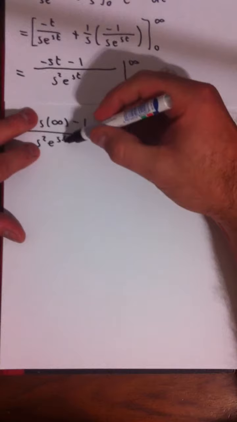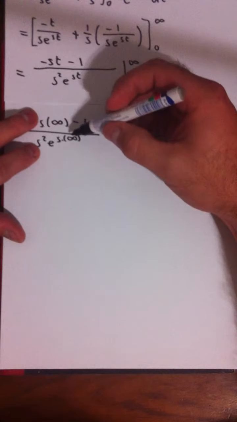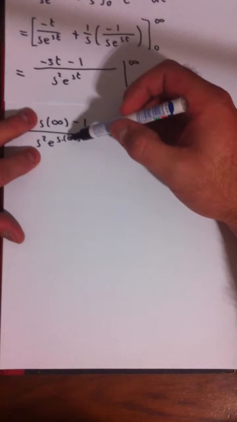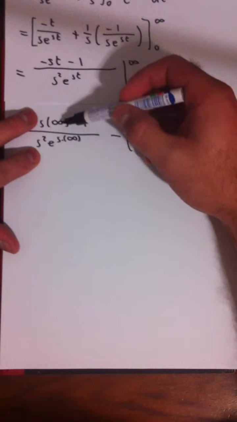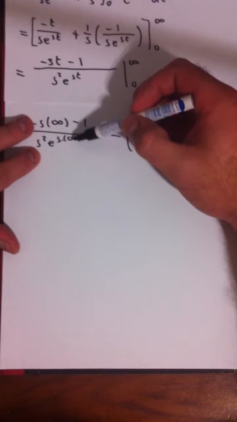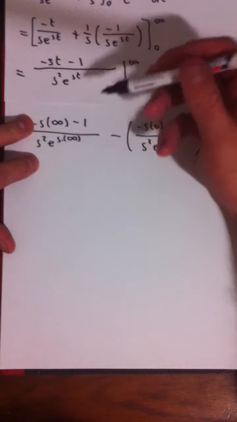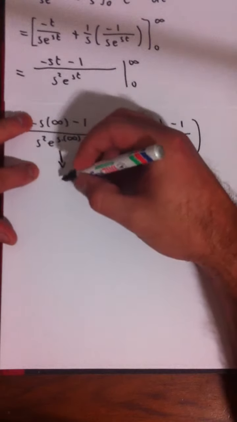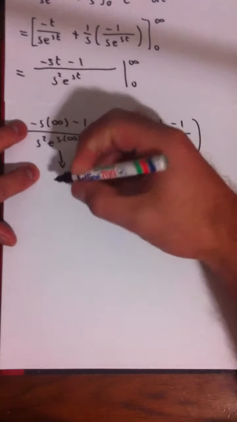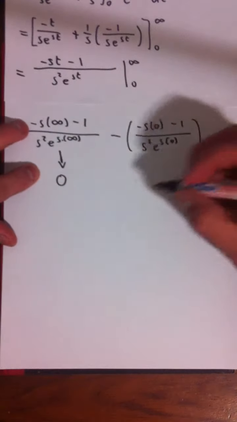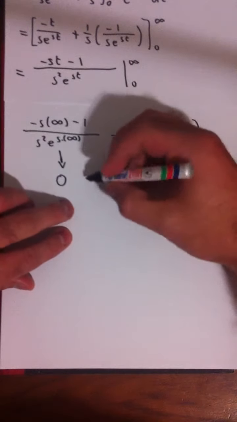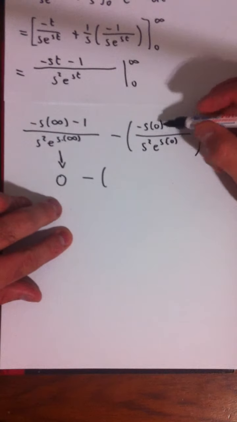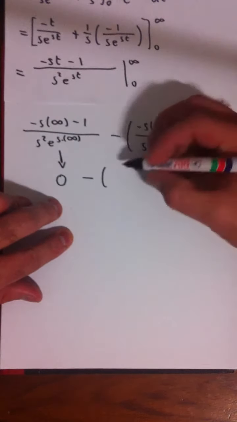If we go 1 over e to the 1, that's some fraction. If we go 100 over e to the 100, that's much smaller. If we go 1,000,000 over e to the 1,000,000, that's already very close to 0. So if we tend this to infinity, this whole expression will become something over something infinitely larger, so that'll tend to 0. And if we then subtract s times 0, that'll just be 0, so we'll have negative 1.